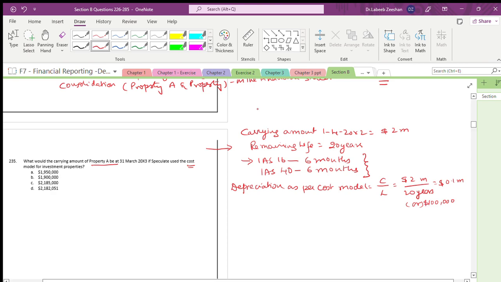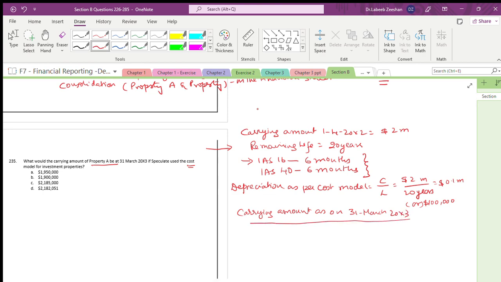Now, what is the carrying amount as on 31st March 2003?